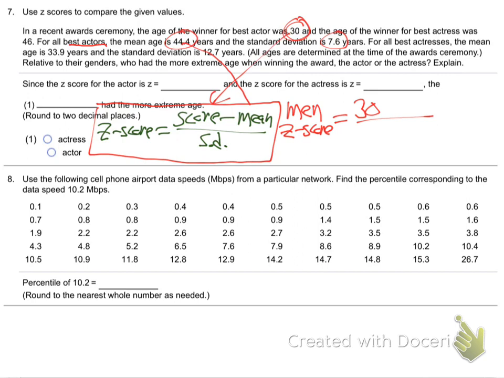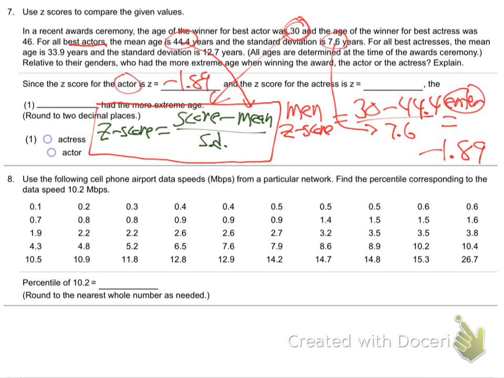And this is the mean, minus 44.4, over the standard deviation, 7.6. So when you do that, make sure you hit enter when you're done with the top before you divide by the bottom. I'm getting minus 1.89. So that's the z-score for the men, the actors.